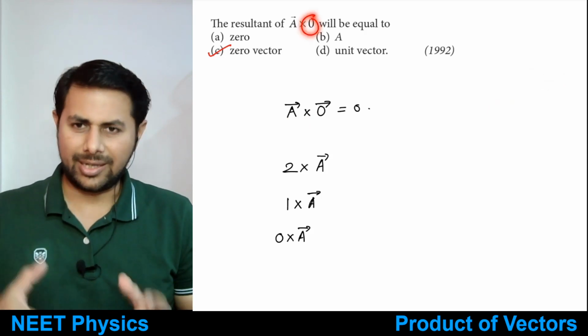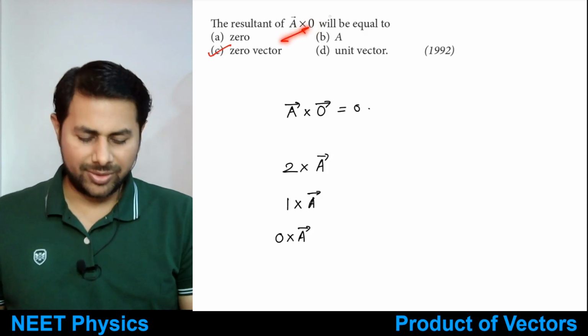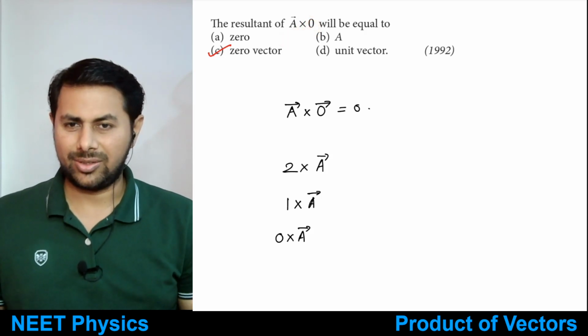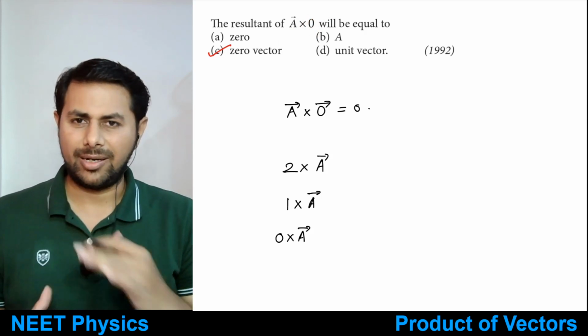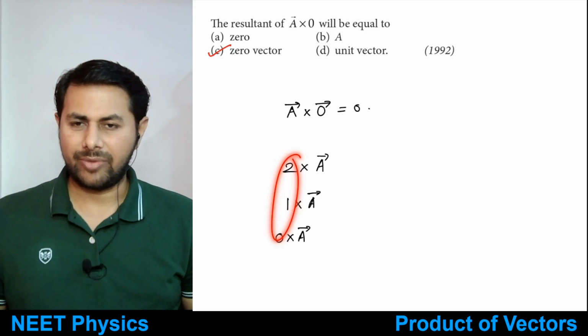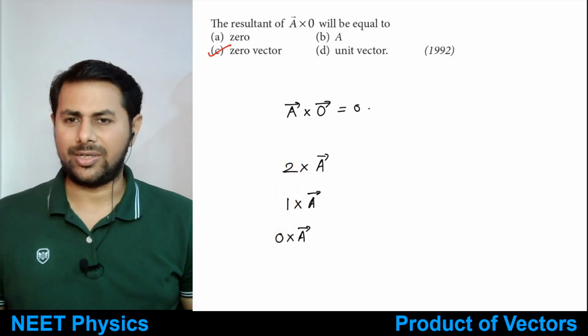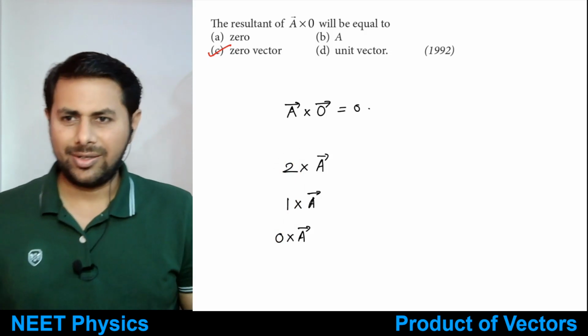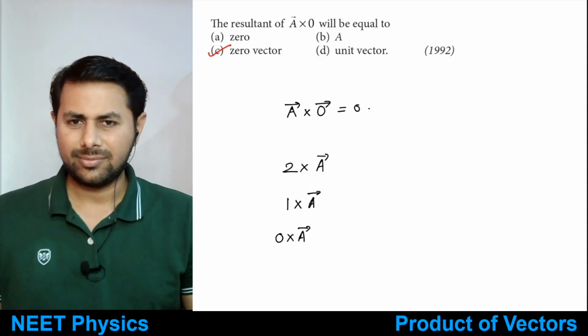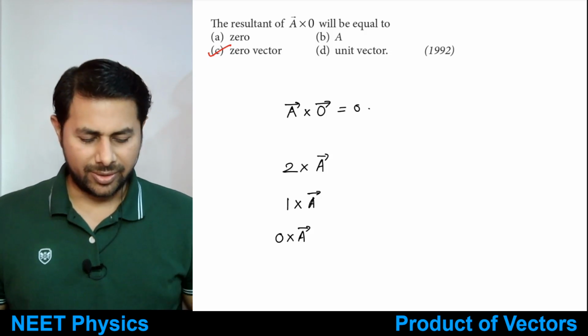But then I just pointed out that this is a scalar, not a vector, but still the resultant is 0 because a vector multiplied by just a number is a vector quantity, right? So am I correct that you thought in that way? Yes, no? Okay, good. All right.